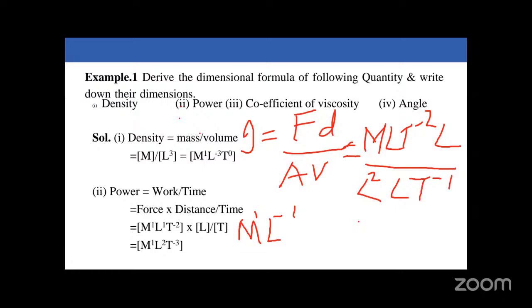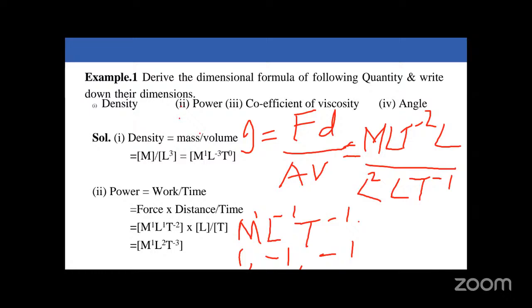If minus 1 down goes up, it becomes plus 1. So that will be T minus 1. So this is the dimensional formula for viscosity. And the dimensions for viscosity will be 1 in mass, minus 1 in length, and minus 1 in time.